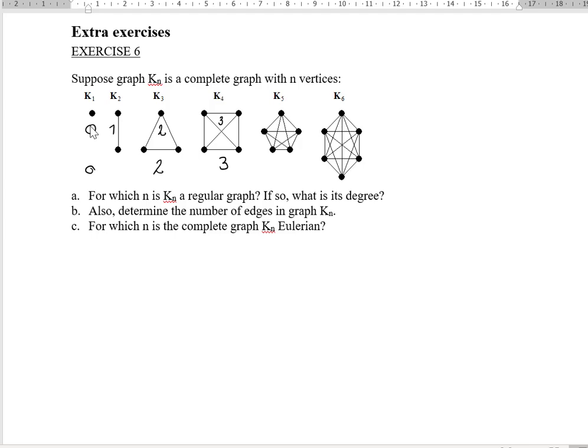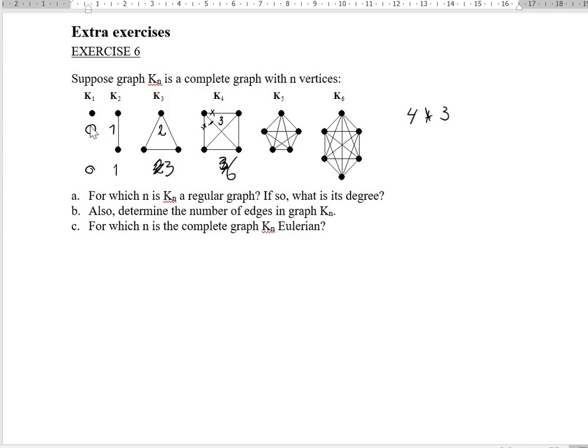So, the number of edges, well, we can count them. K1 has 0, K2 has 1, K3 has 3, K4 has, let's count them, 6. If I want to calculate them for K5, that's of course a lot of work, but can't we just calculate it? Let's see. If we look at K4, that has 4 vertices, and every vertex has 3 edges, so 4 times 3.